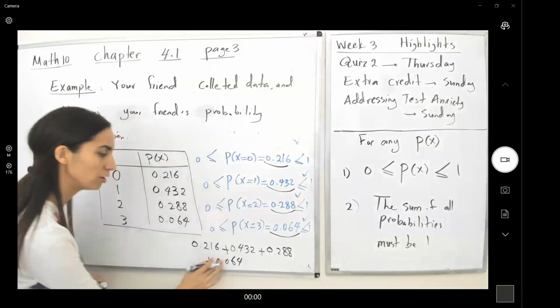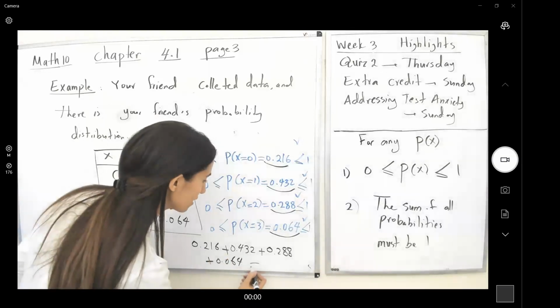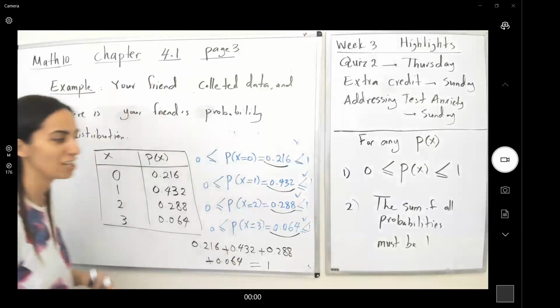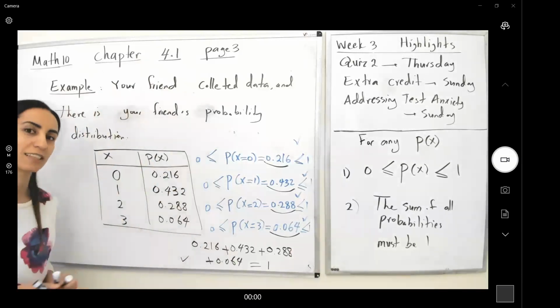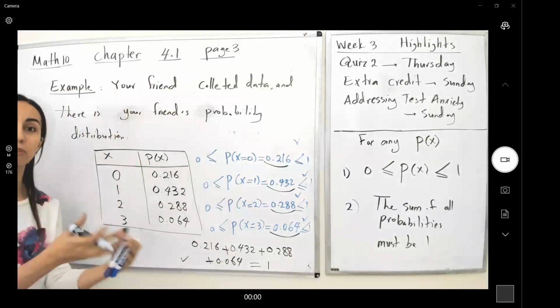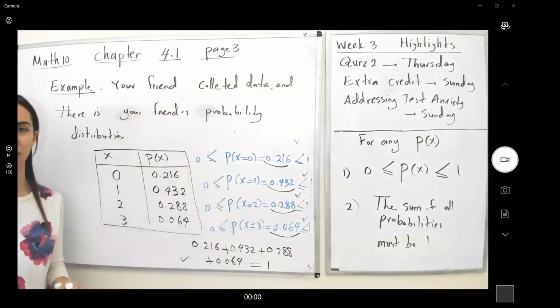Is this equal to 1? Yes, very good. Excellent. This is equal to 1. So the second condition is also met, and you congratulate your friend and say, hey, the thing that you actually calculated represents a probability distribution function.